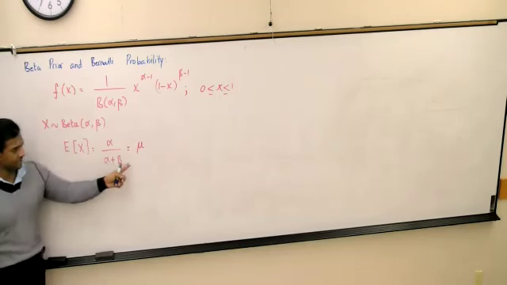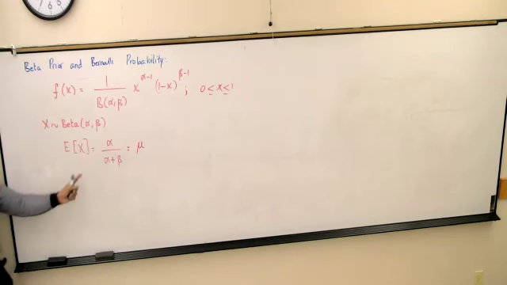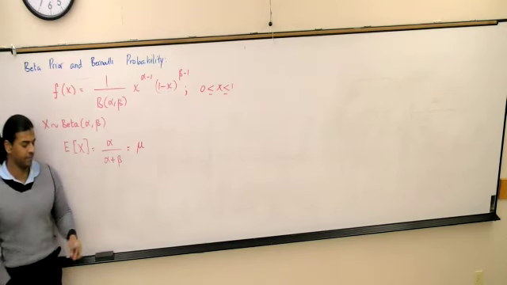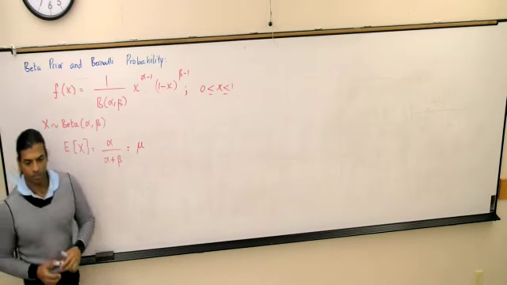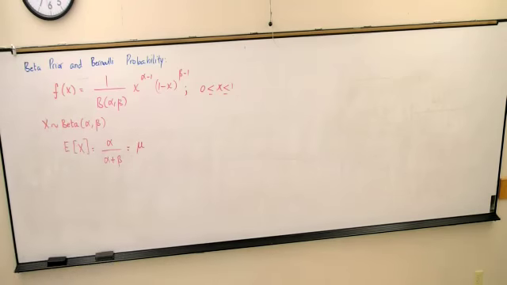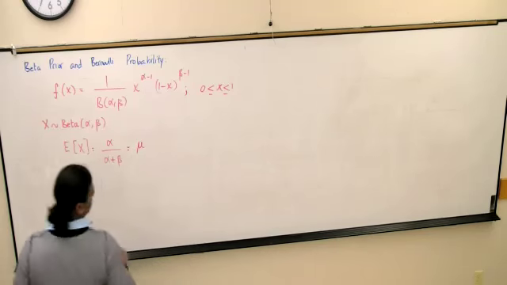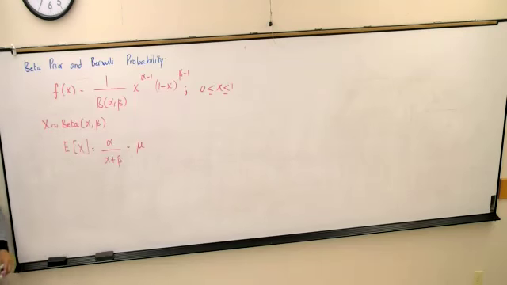So the expectation is mu. Alpha plus beta will determine how concentrated the density curve is. Let's look for a graph or connection diagram.